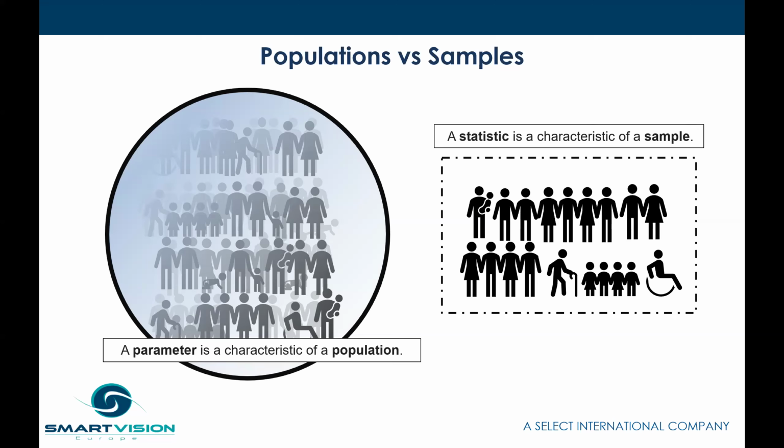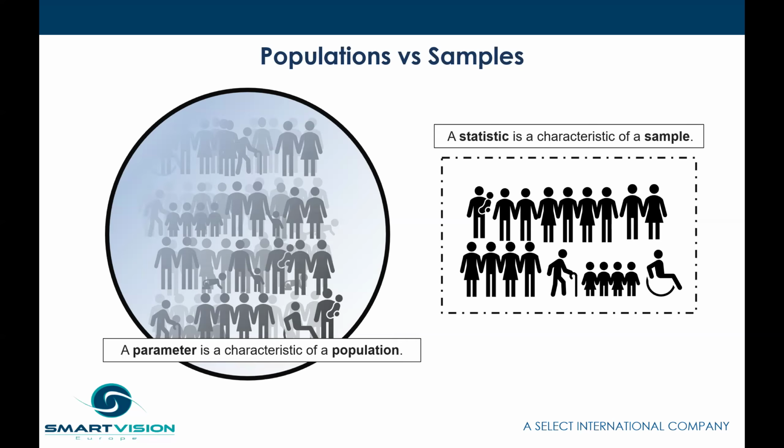So the population being the ocean, the sample being literally the sample you take, the test tube, the parameter being the theoretical true value of the thing that you're trying to estimate, and the statistic being the value that you calculate from a sample. So statistics are therefore used to estimate parameters, to make a guess or an estimate of a parameter.